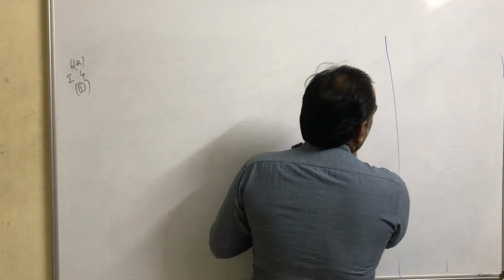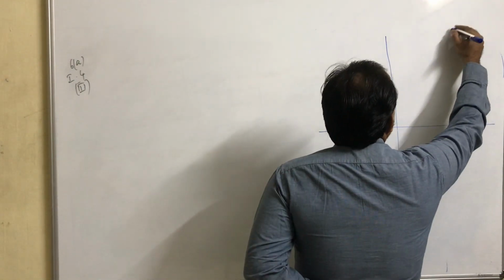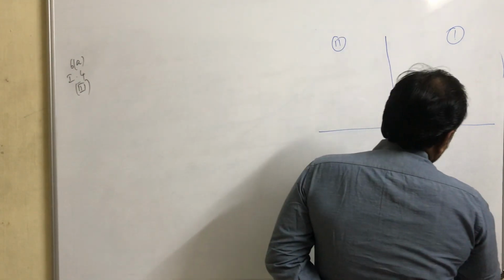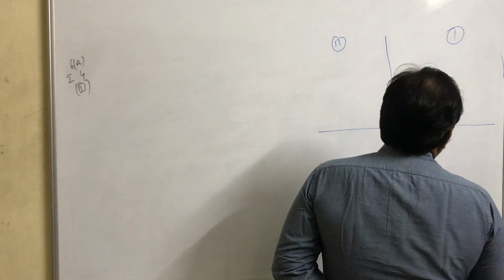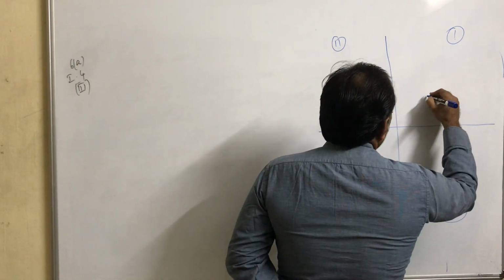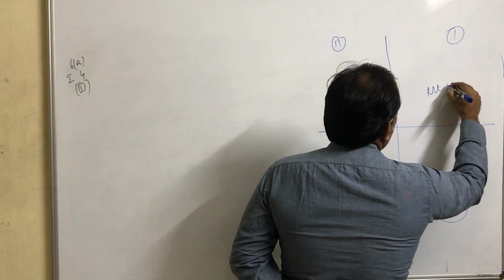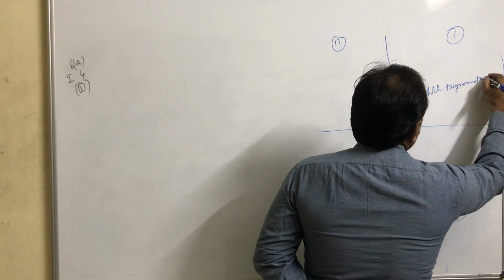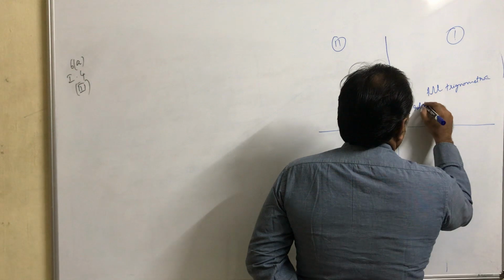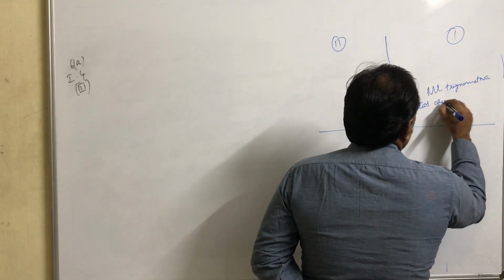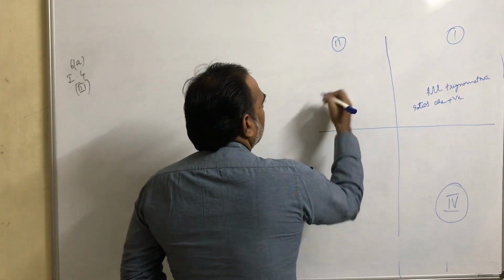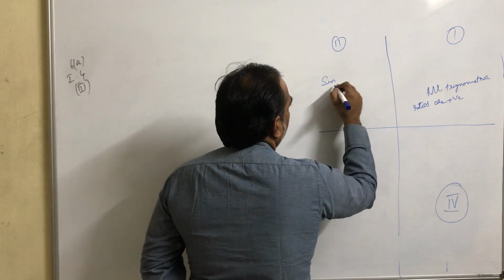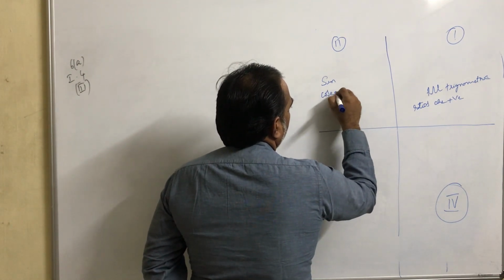Yeah, this is the quadrant system, and this is first quadrant, and this is second quadrant, and this is third quadrant, and this is fourth quadrant. Okay, in first quadrant all trigonometric ratios are positive, and in the second quadrant only sine and cosecant are positive.